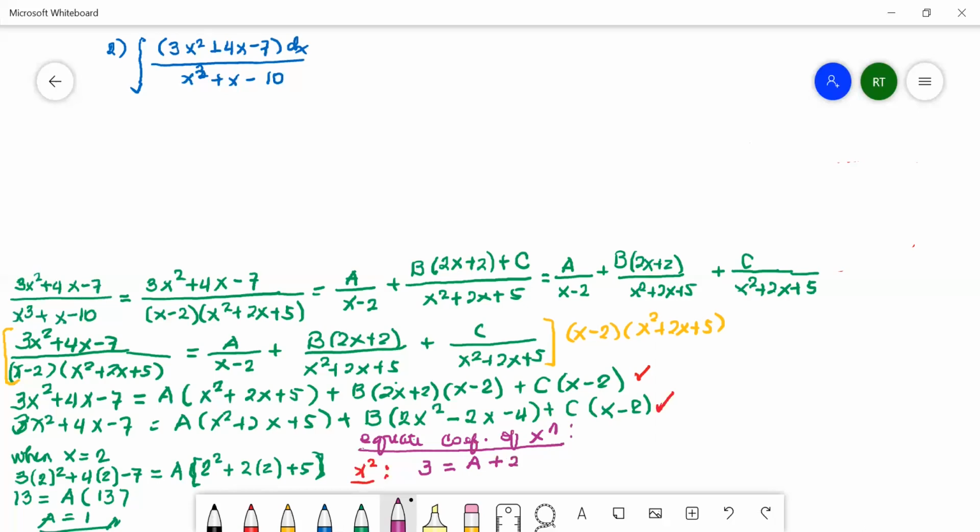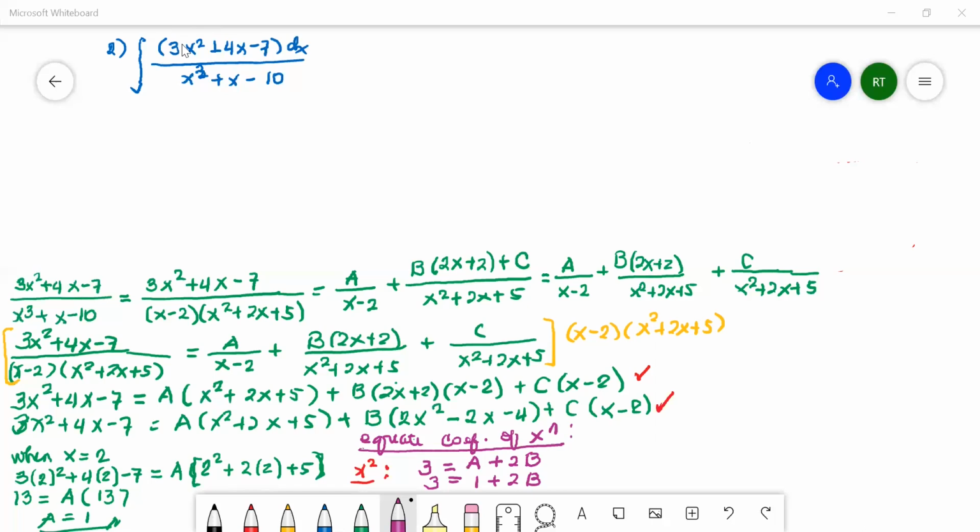Hence, the numerical coefficient is 2b and nothing else. But since a is equal to 1, then we will have 3 is equal to 1 plus 2b.